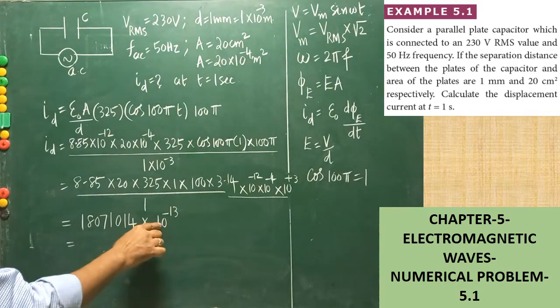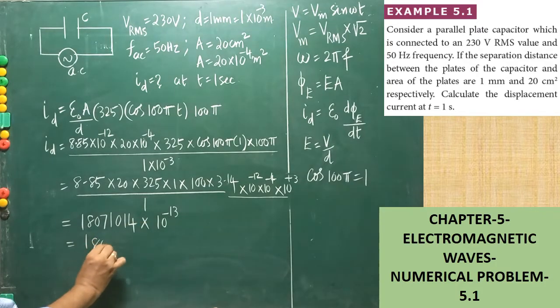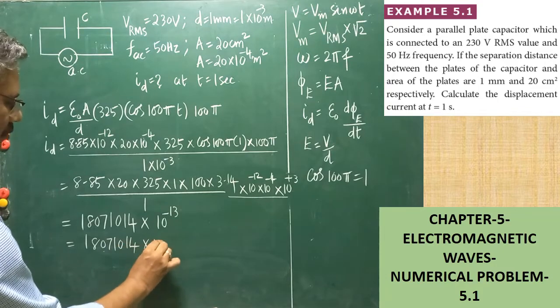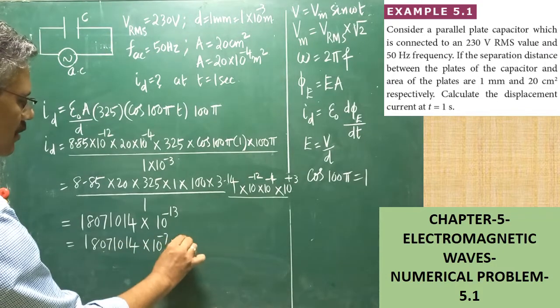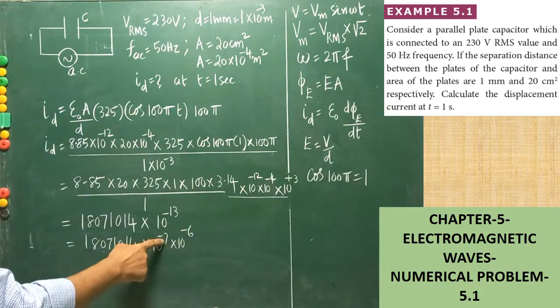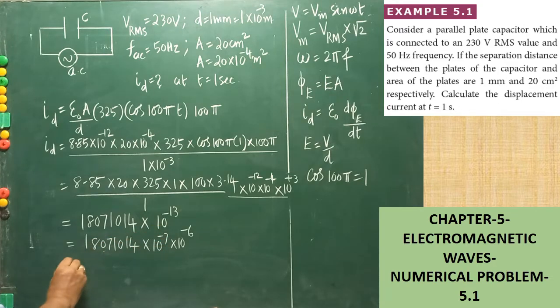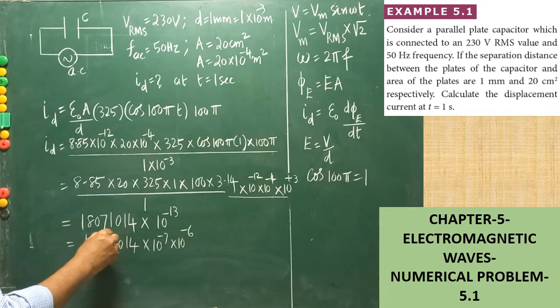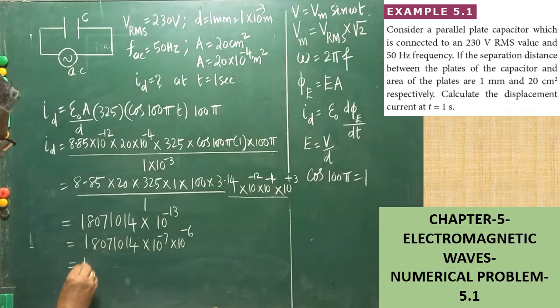Now this 10 to the power of minus 13 can be written as 10 to the power of minus 7 into 10 to the power of minus 6. By using this 10 to the power of minus 7, we can displace the decimal point 1, 2, 3, 4, 5, 6, 7. Therefore, we can write 1.08.